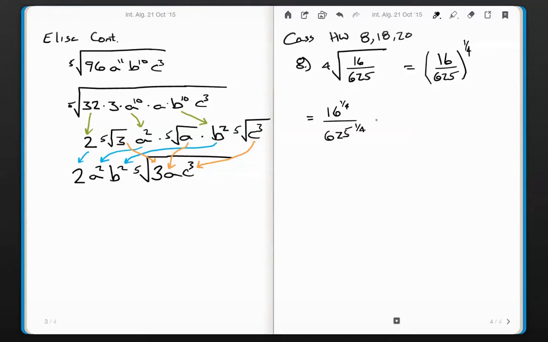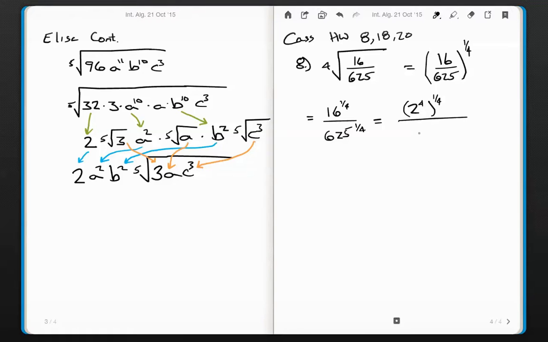Okay, so how do we deal with that? Well, you might guess, and you would guess correctly, that this is some power of 2. 2 times 2 is 4, 4 times 2 is 8, 8 times 2 is 16. So this just works out to be 2 to the 4th to the 1/4.